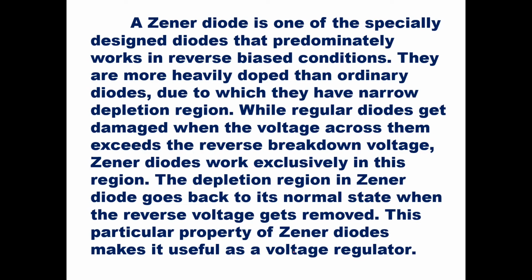The depletion region in a Zener diode goes back to its normal state when the reverse voltage gets removed. This particular property makes it useful as a voltage regulator. That is what we have already told in our explanation of the circuit.